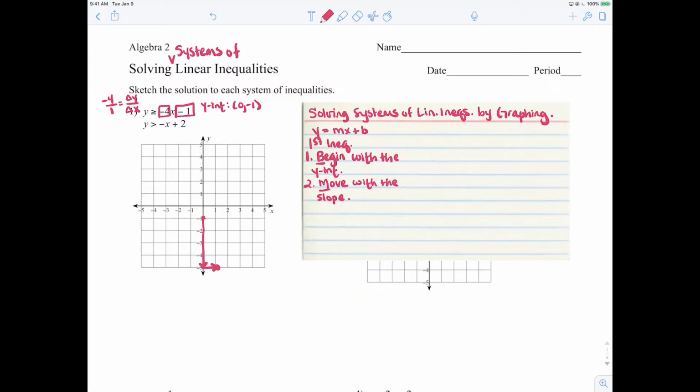And I do the same thing in the opposite direction to get another point that I will connect.